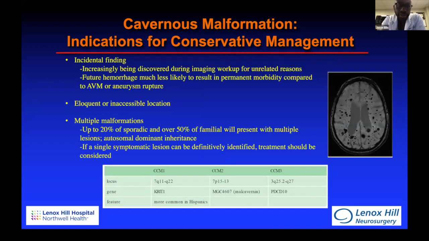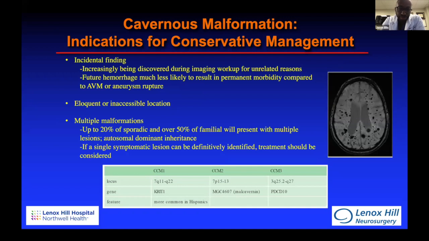So what are the indications for treating cavernous malformations? Well, we often find them incidentally, as I mentioned. People get brain MRIs and CAT scans for all kinds of reasons, and we sometimes see them. We know that the rupture rate is relatively low, and the morbidity from cavernomas that rupture is actually much less than that from an AVM or aneurysm rupture.